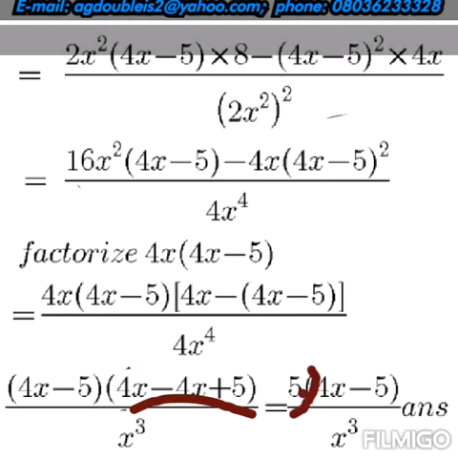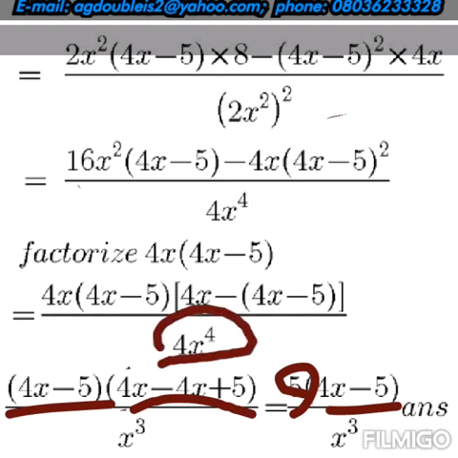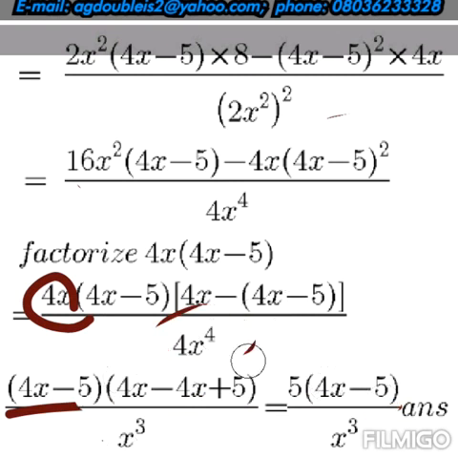So that is this 5 here, multiplying this. Then the denominator, if you watch it closely, is 4x raised to the power 4, and this is 4x. So we can cancel 4x to have x raised to the power 3. 4 will cancel 4, then x will cancel x. That is how we got our final answer. There is nothing to simplify further. So this is our final answer.